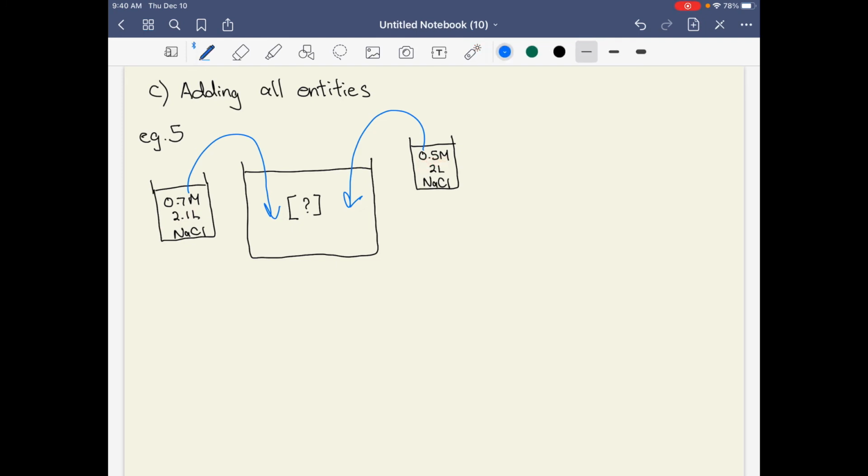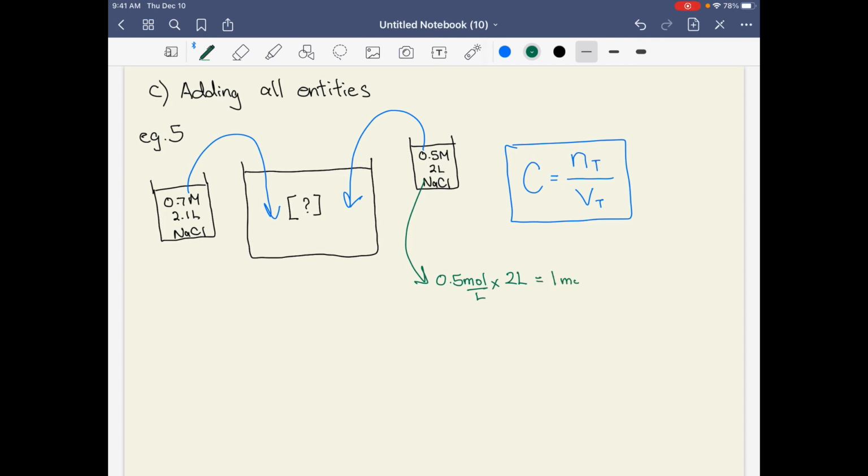So to do this, this is what you need to do. You need to find out what the new concentration is by figuring out the total amount of mole over the total amount of volume. So let's do that. Let's take a look at how much mole is in here. So 0.5 moles per liter times 2 liters. That's 1 mole.